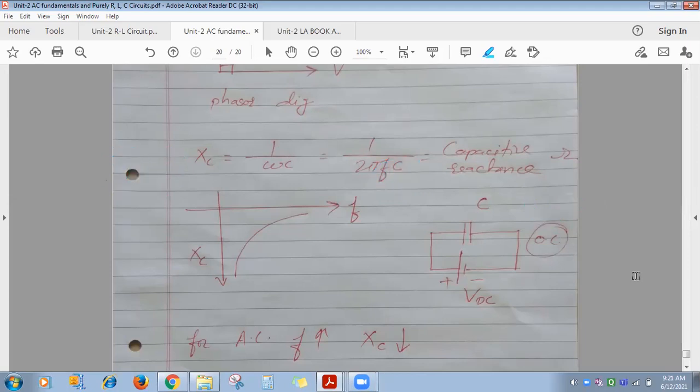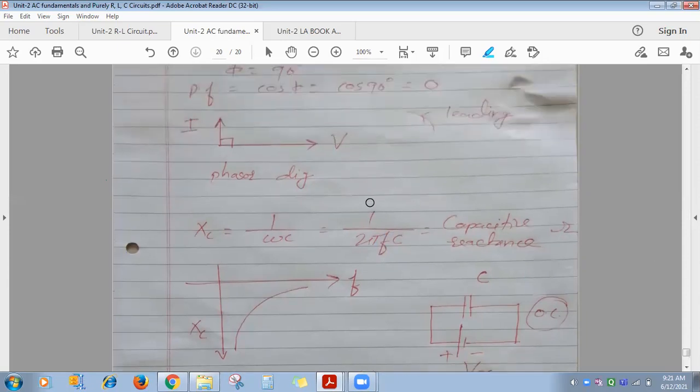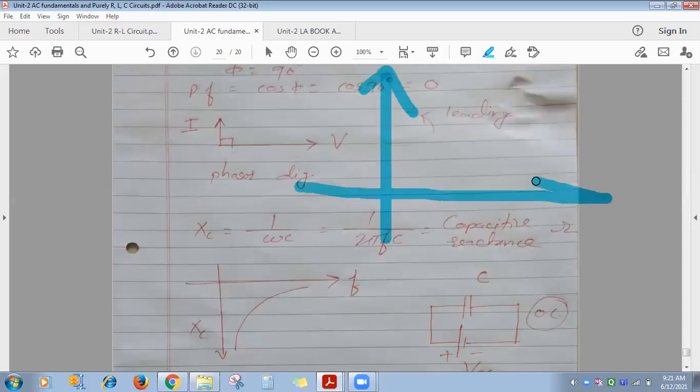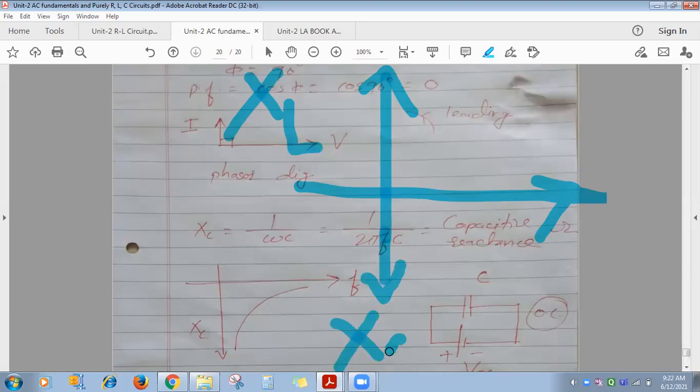Now, in series RL, the next topic, we will derive that XL always comes along the positive imaginary axis, and XC always comes along the negative imaginary axis.